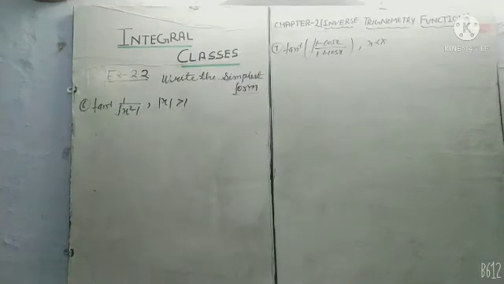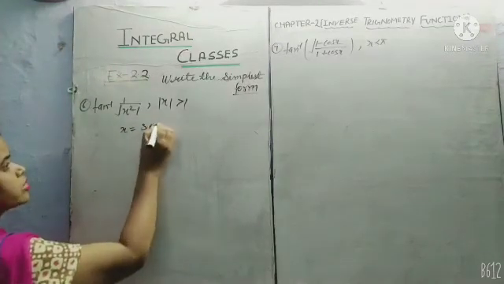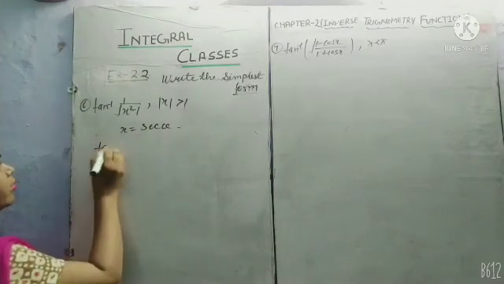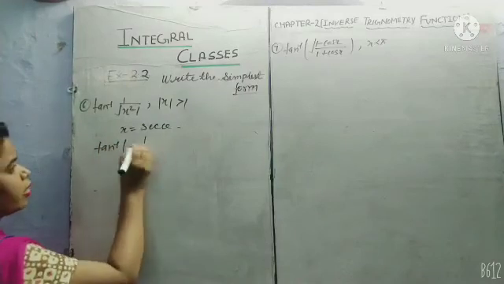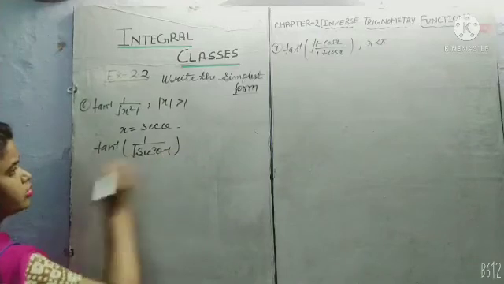Question number 6, tan inverse 1 upon root x square minus 1. Again student, we will replace x with sec theta. x is equal to sec theta. It will become tan inverse 1 upon root sec square theta minus 1.